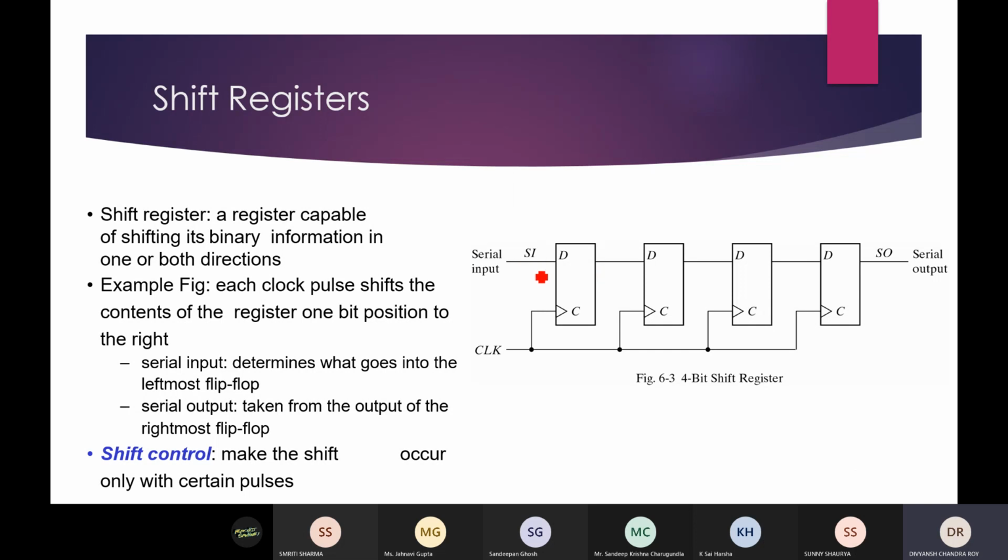If you consider, here we are getting serial input as, say, 100, then this 0 will be input to this flip flop, and in the next clock cycle it will be here, and in the next clock cycle this will be 0, and so on. So basically what is happening here, any data inside this flip flop is going to the next flip flop. This is called the right shift. Similarly, we can have left shift, that will be just opposite of this right shift.